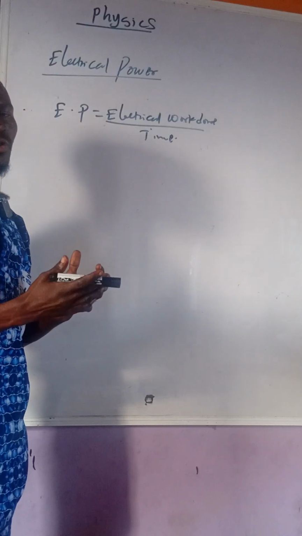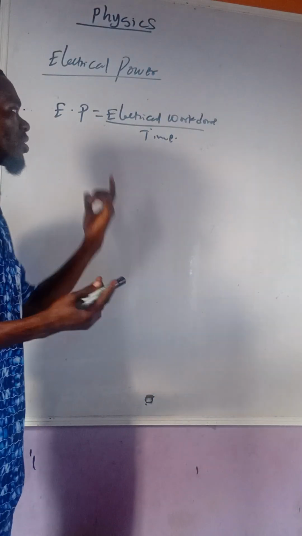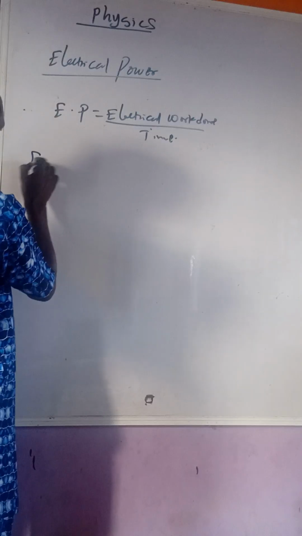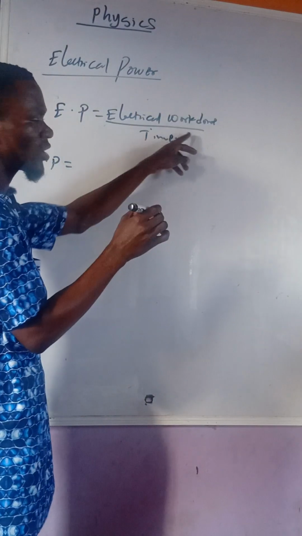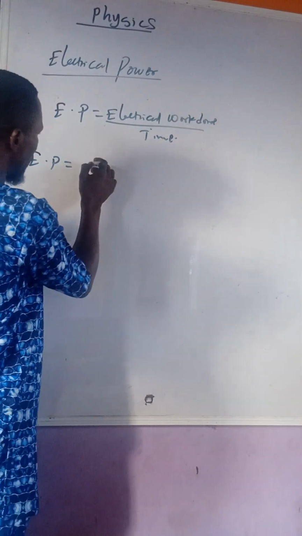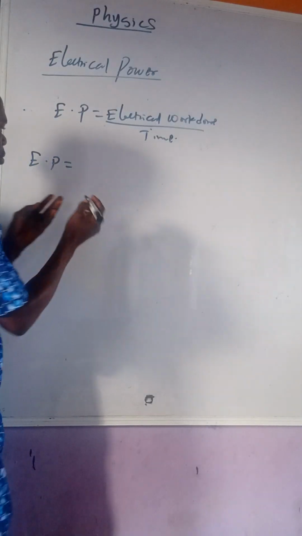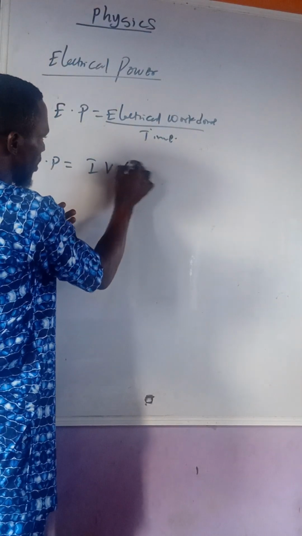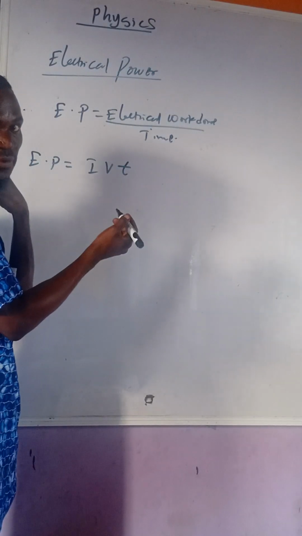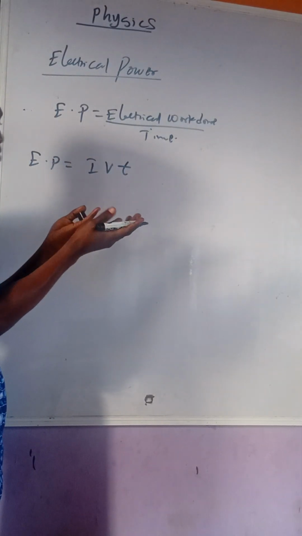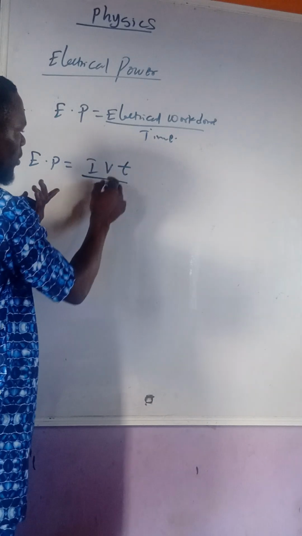The work done equals energy. So electrical power equals electrical work done over time, and electrical work done is current, volt, and time. We also call it electrical energy, then over the time that we have here.